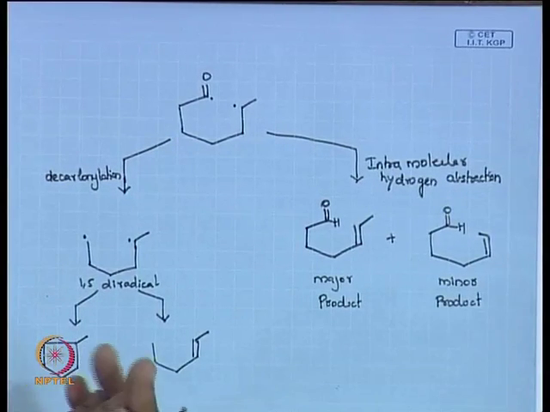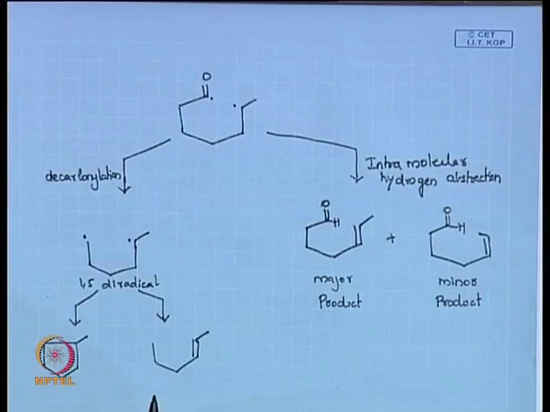Okay, now, if I do this reaction in vapor phase, like without any liquid or any solution, just take my cyclohexanone, methyl cyclohexanone, and just carry out this reaction in vapor phase, which product will be dominating? Which product you think will dominate?